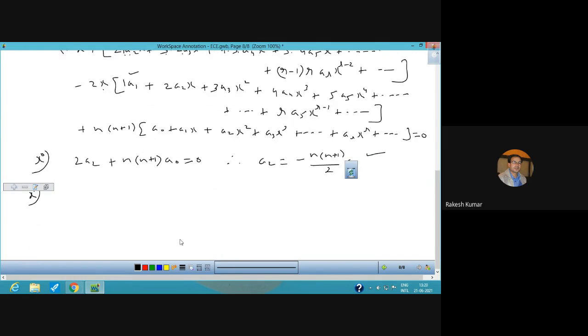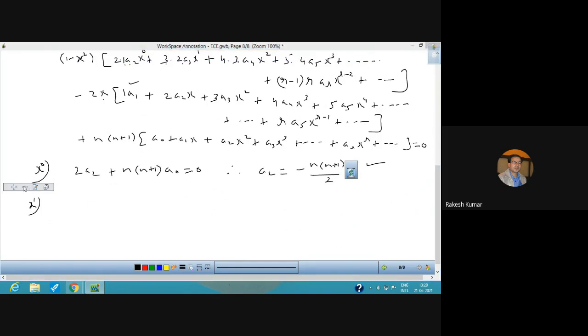Now you can equate the coefficient of x raised to power 1. So x raised to power 1 means, with this one, you will have 3 into 2 a3. Coefficients हमारे सामने clear लिखे हुए हैं. Similarly, x raised to power 1 का coefficient यहाँ से भी आएगा, that will be minus 2a1 plus 1 coefficient is from the third term, n into n plus 1 into a1 is equal to 0.